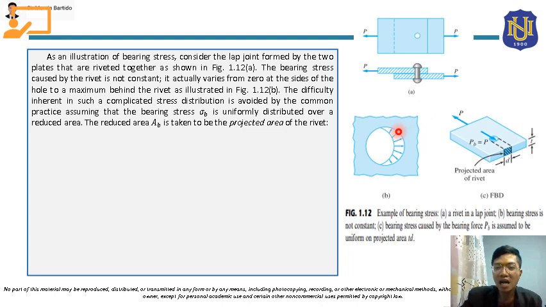That pressure is called the contact pressure, or also the bearing stress. This is actually very complicated, because we know that at this side of the hole there will be no stress.